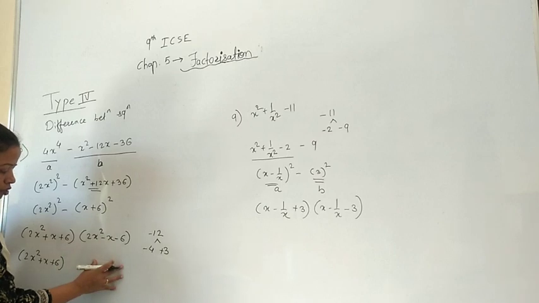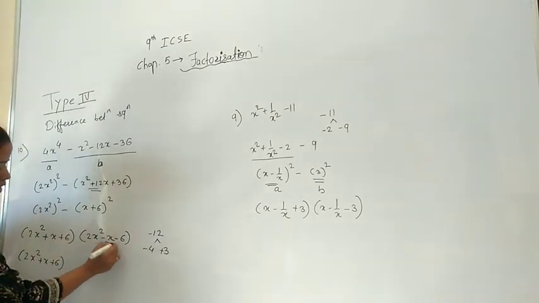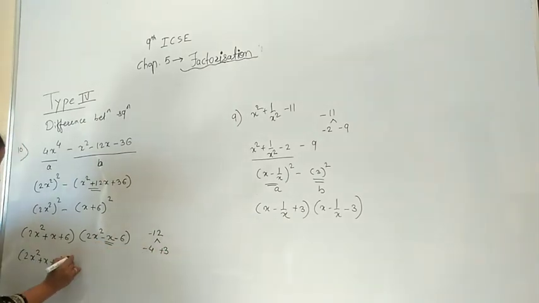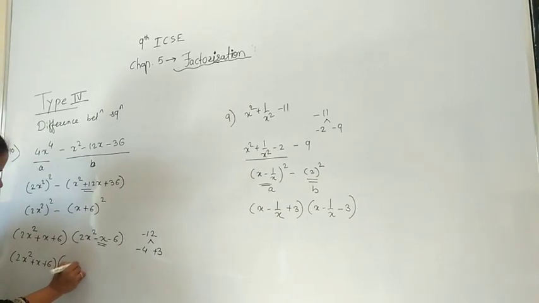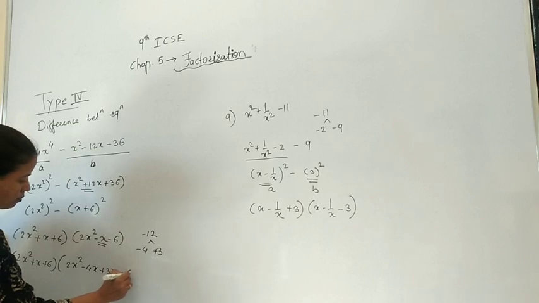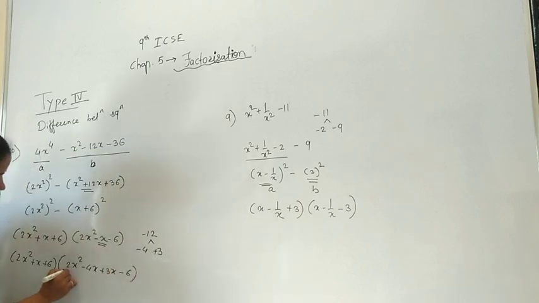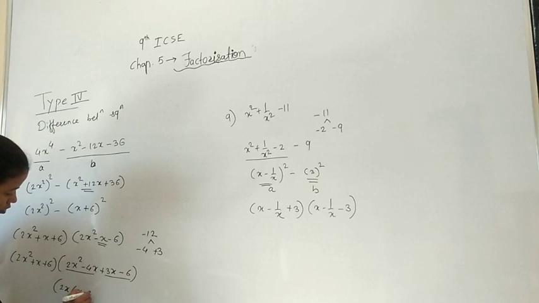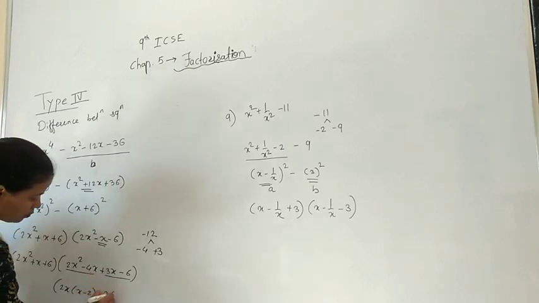So this is factorizing further, as the middle term we are substituting with these two terms. So 2x square minus 4x plus 3x minus 6. Now by grouping this 2 and this 2, take common 2x, so that (x minus 2) will be remaining, and here plus 3, so (x minus 2).